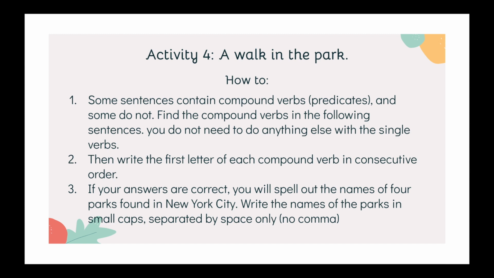If your answers are correct, you will spell out 4 names of parks that you can find in New York City. Write the names of the parks in small caps in the Google Form, separated by space only. You don't need to add any comma.